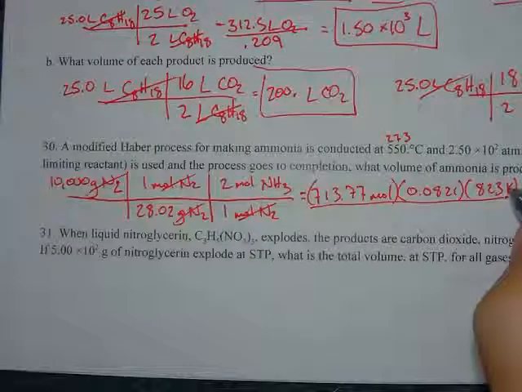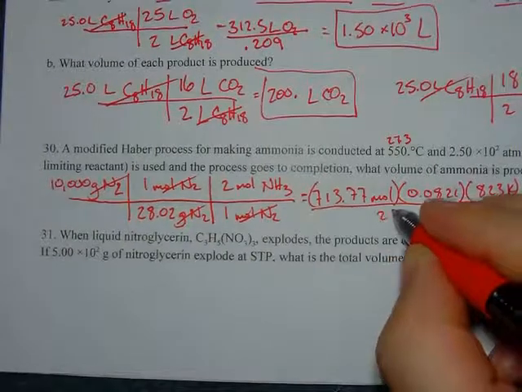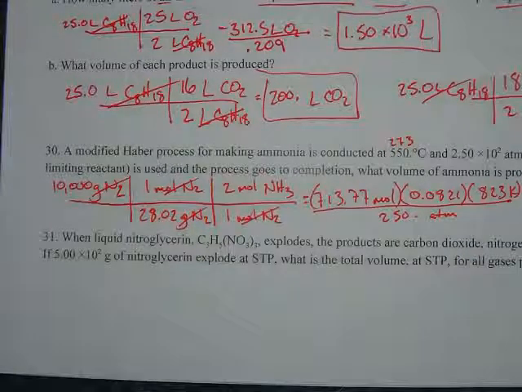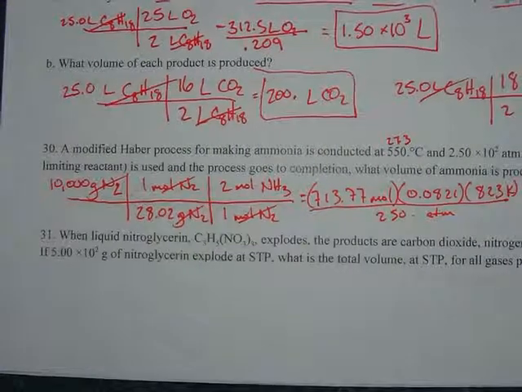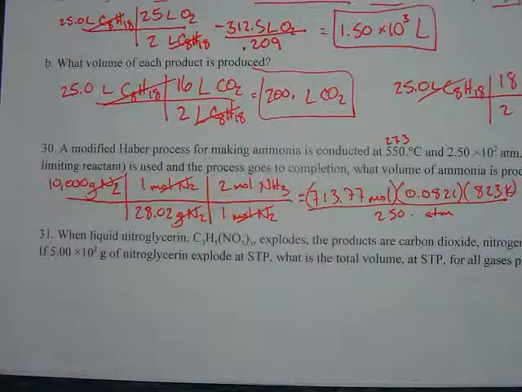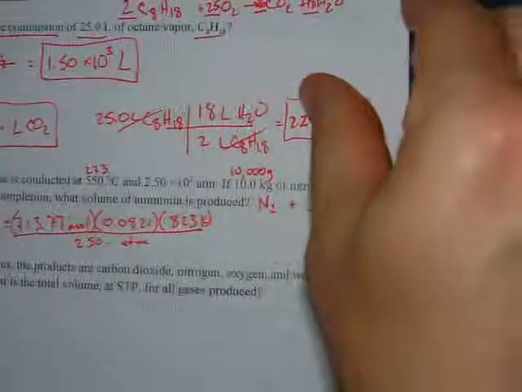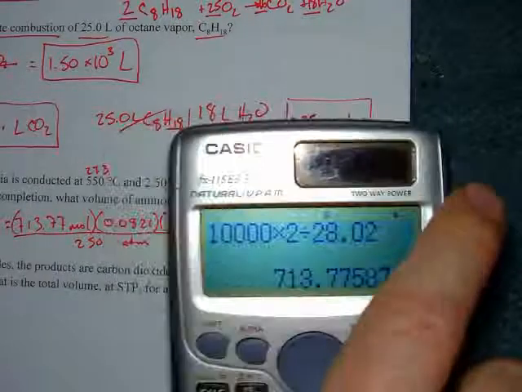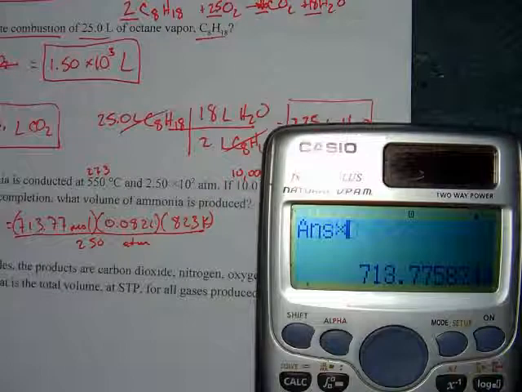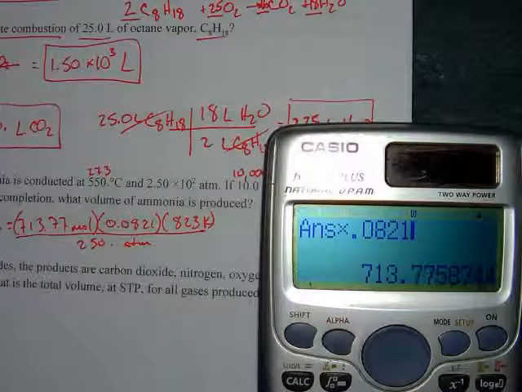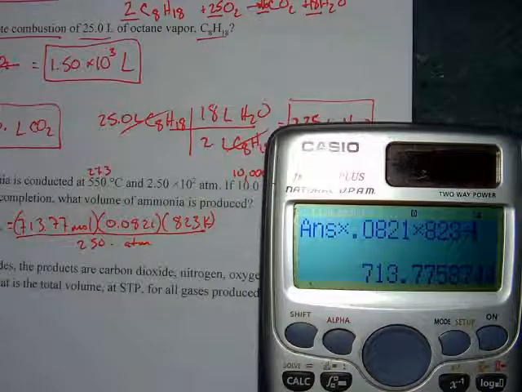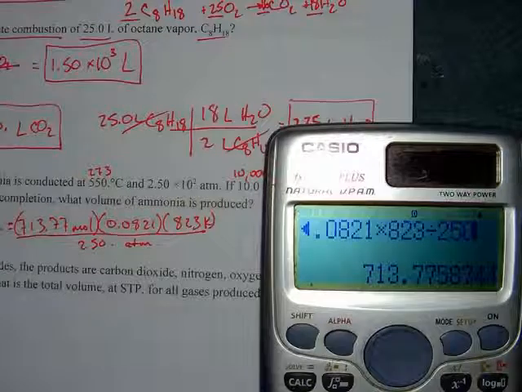And my pressure is 250 atmospheres, and we're ready to calculate. So I multiply that by R, then by 823, because we have to have that in kelvins, and divide by 250 atmospheres.